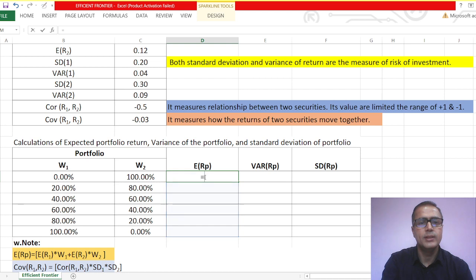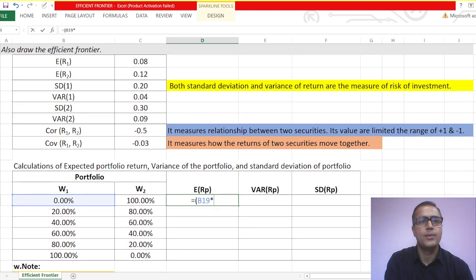This is the proportion of investment in 1 times ER1, plus the weight of 2 times ER2.